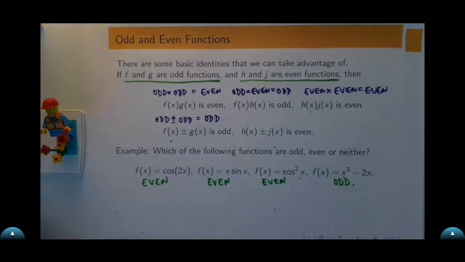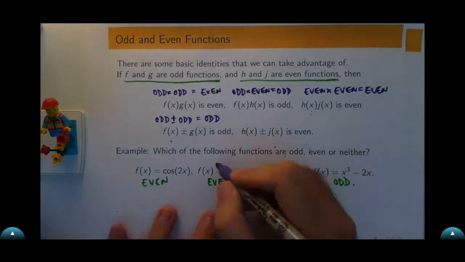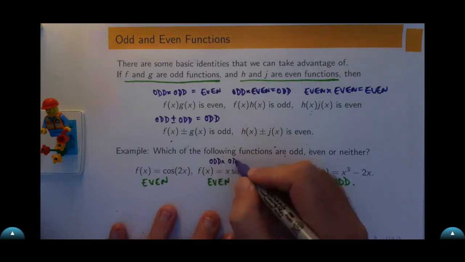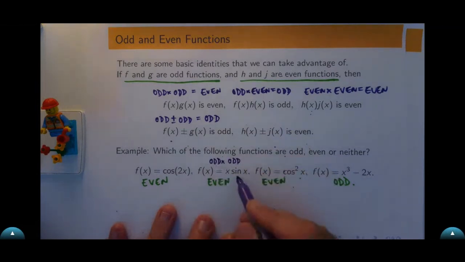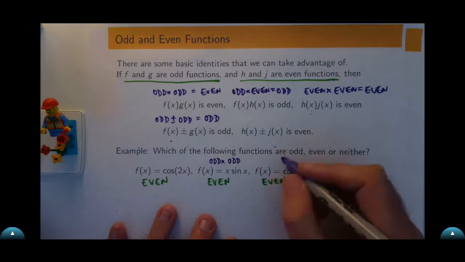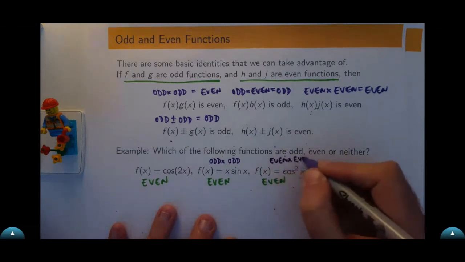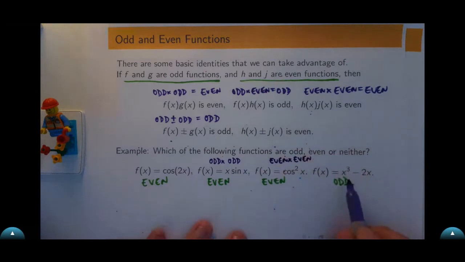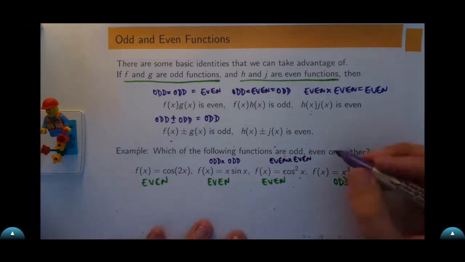So brilliant, right? This is odd times odd: x is an odd function, sine x is an odd function. This is an even times an even. And this one is odd minus odd.